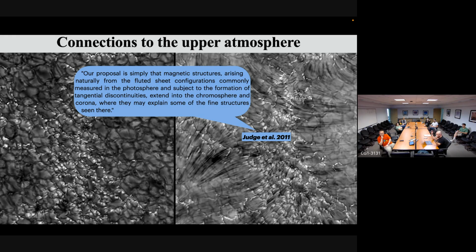They should have larger amplitudes in the upper atmosphere, okay? Because of the magnetic and density stratification. Which means that, yes, they should influence at least what is happening in the chromosphere and corona.